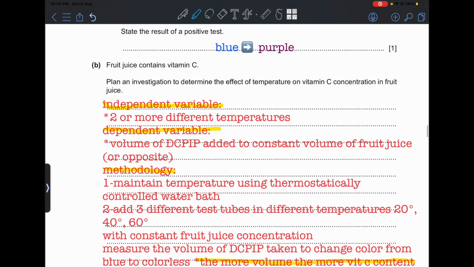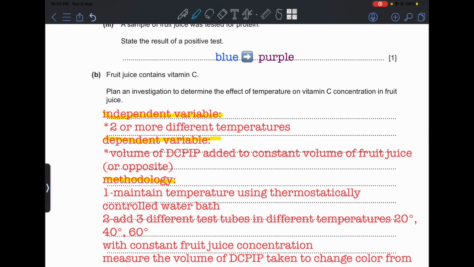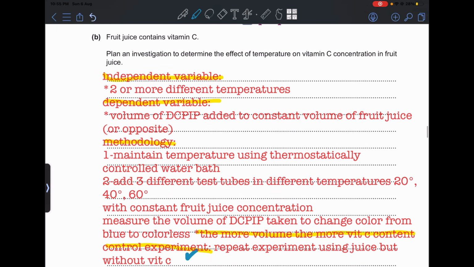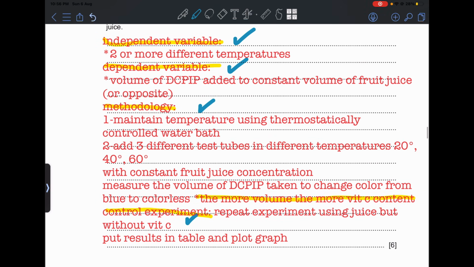Now, as I have explained before, to write any experiment in paper 6, you must first write the independent variable and then the dependent variable, the methodology, which means the method you're going to use, and also the control experiment, and you're going to write down the repeats, which means you repeat and take the average.